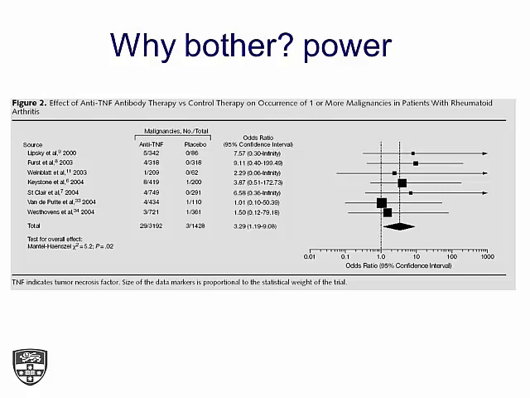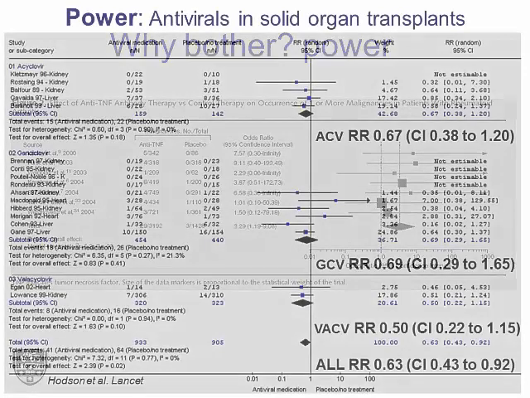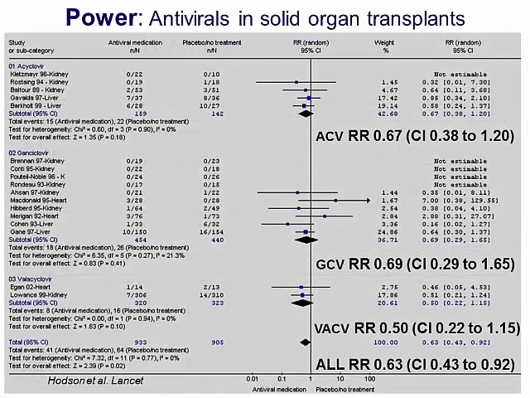Here's another example. We're looking at the effects of antivirals in solid organ transplants by the different drugs that can be used, acyclovir, ganciclovir and valacyclovir. Here the outcome is all-cause mortality. We can see that in no individual study was there evidence that these drugs prevented death.